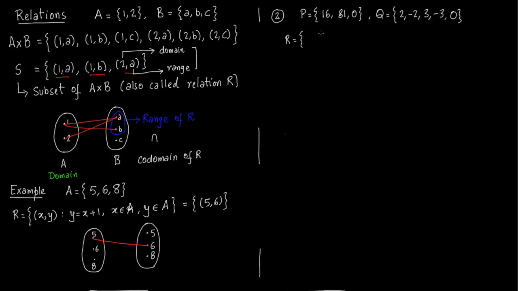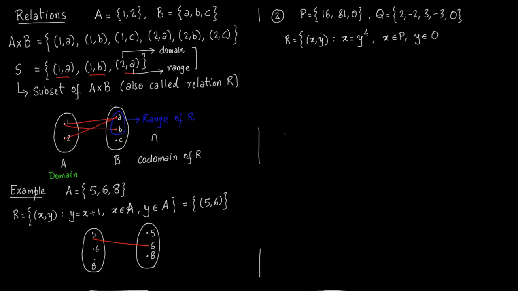So what is the relation? Relation we will define as (x, y) such that x is equal to the 4th power of y. So we will put x in set P and y in set Q.